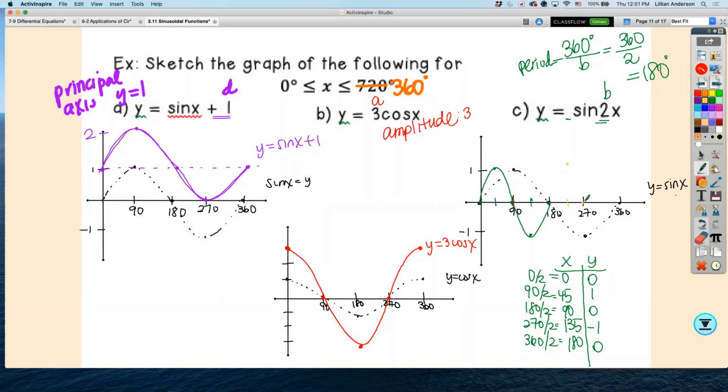Then at 270, I'll be at 0. Halfway between 270 and 360, I'll be at -1. And then at 360, I'll be back to 0. I'm repeating the same process that I did for the 0 to 180.